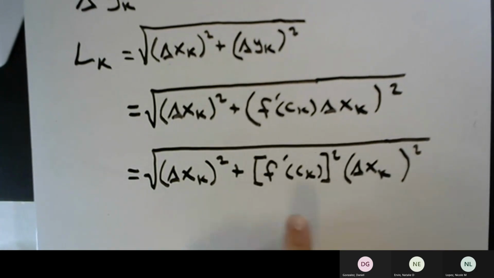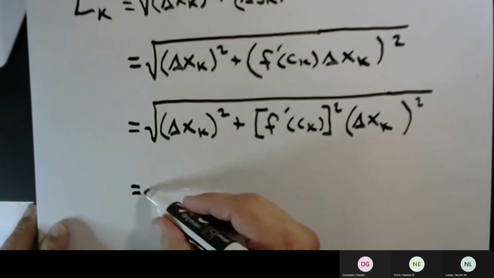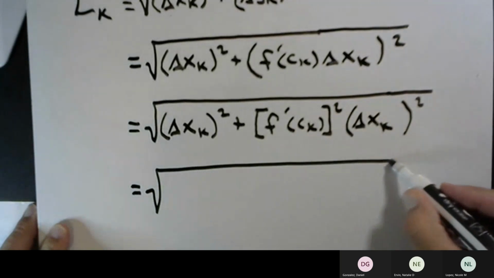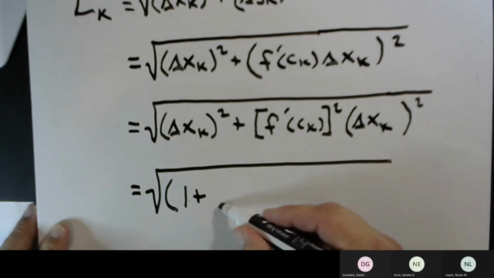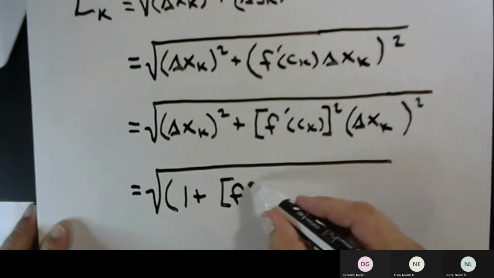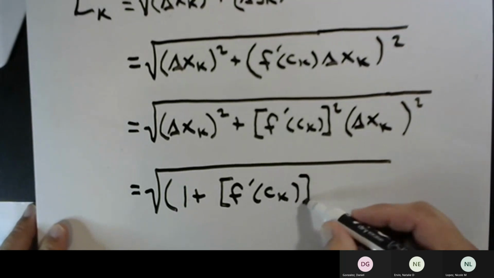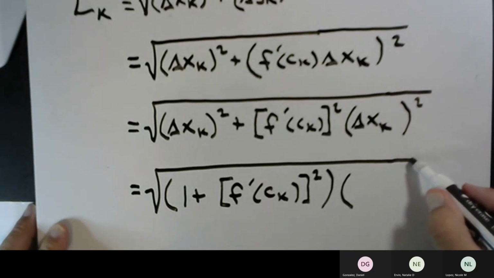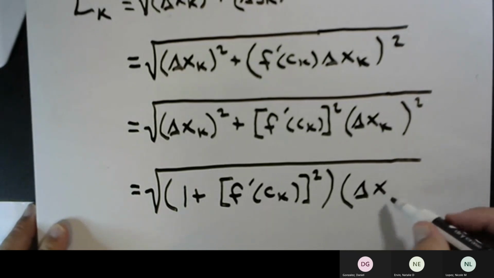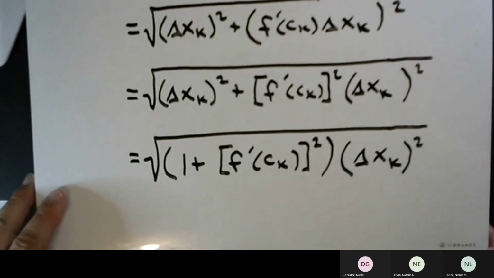And what we're going to do is factor out delta xk squared. Like so.